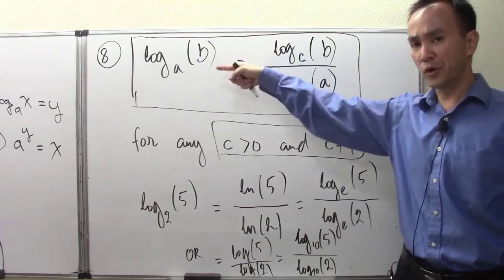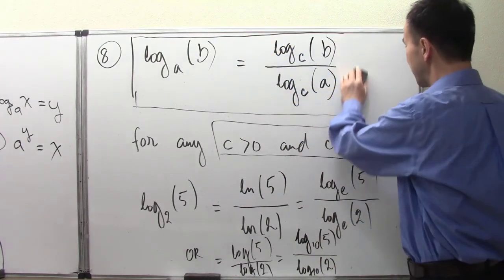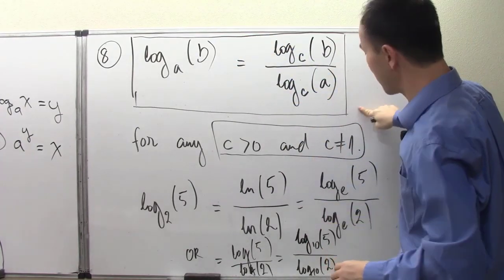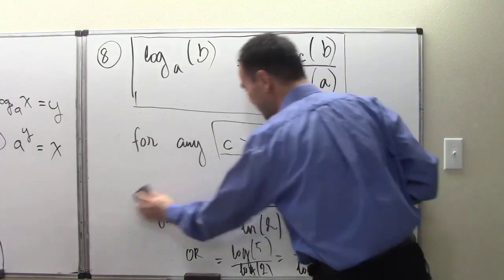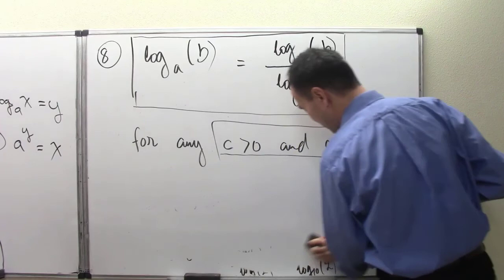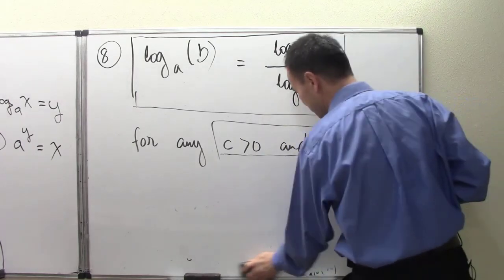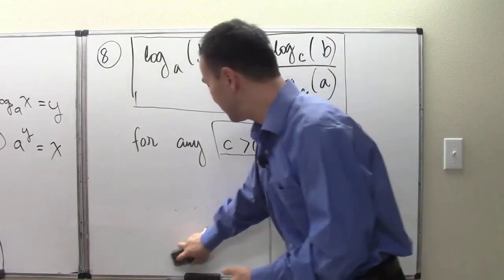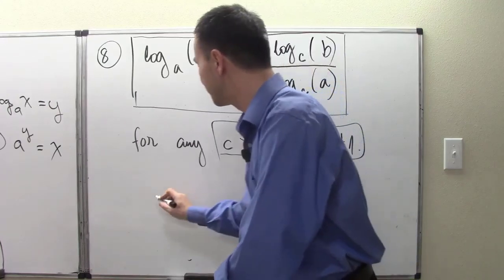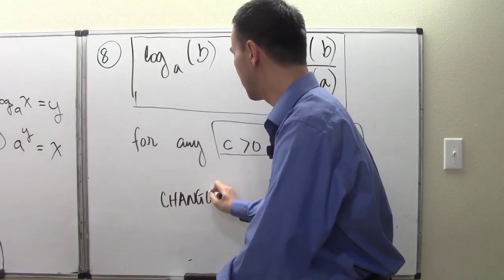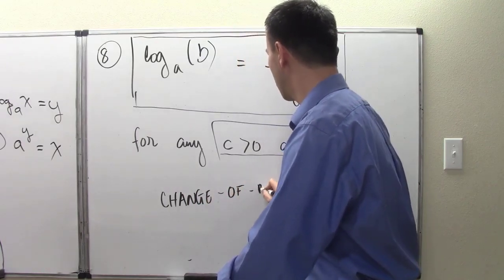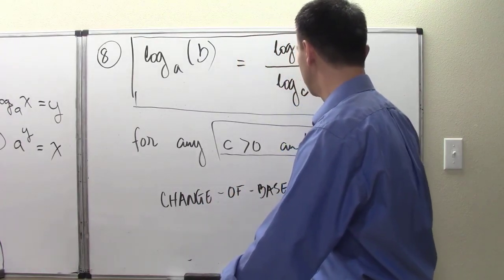Some textbooks mention the name of this rule and some don't, but for anyone learning with me here, allow me to briefly mention the name. This rule is called the change of base rule.